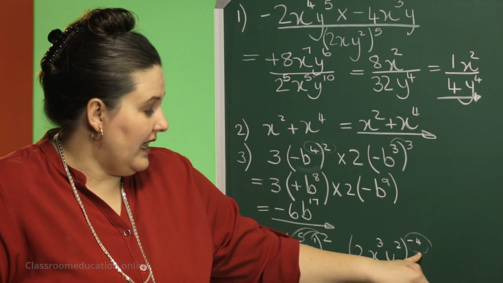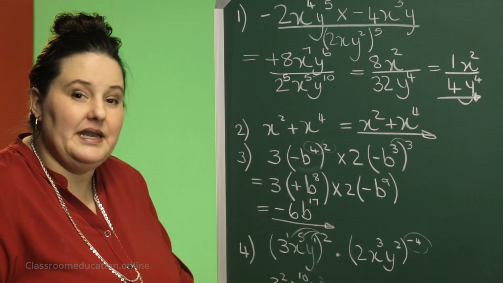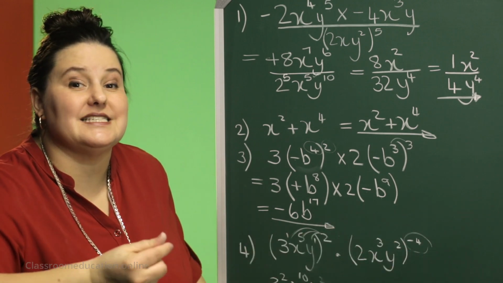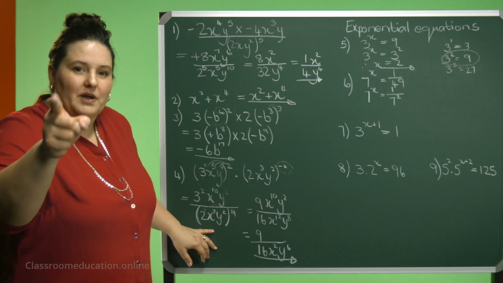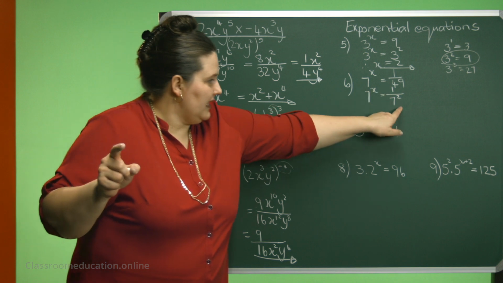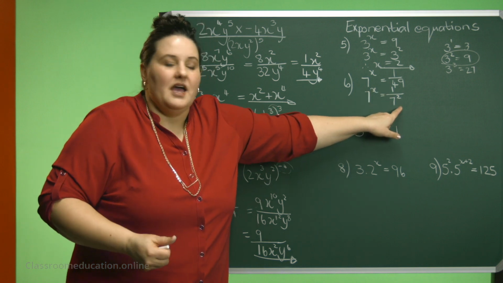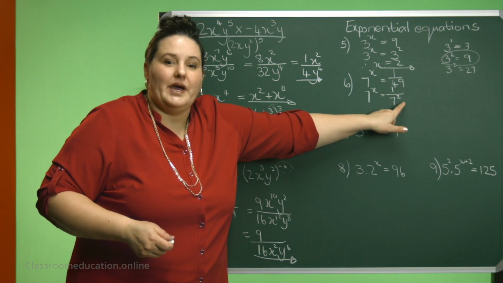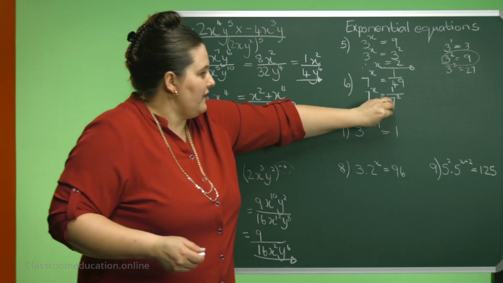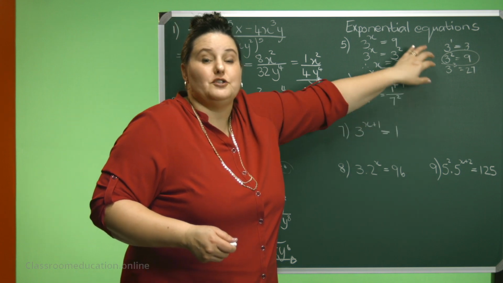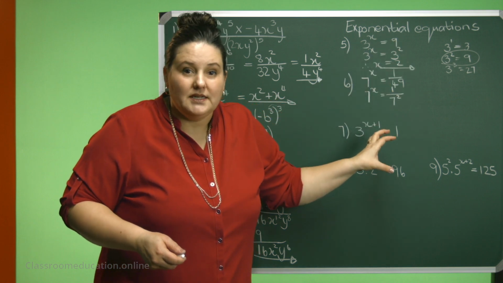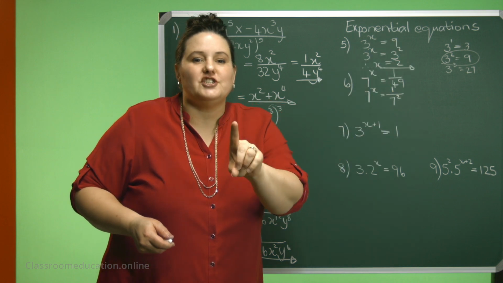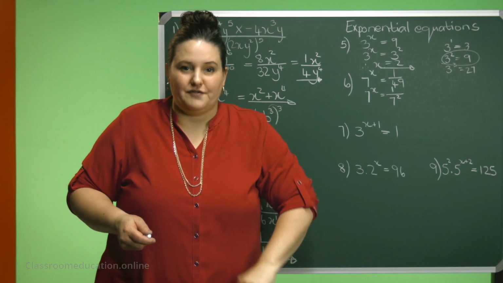We moved it down to the denominator, and then we changed the sign of the exponent. So that's what we can do here. Exactly the same. I have a 7 squared in the denominator. So if I move the 7 squared up to the numerator, what will the sign become of the exponent? The sign must change, so it will be a negative square.